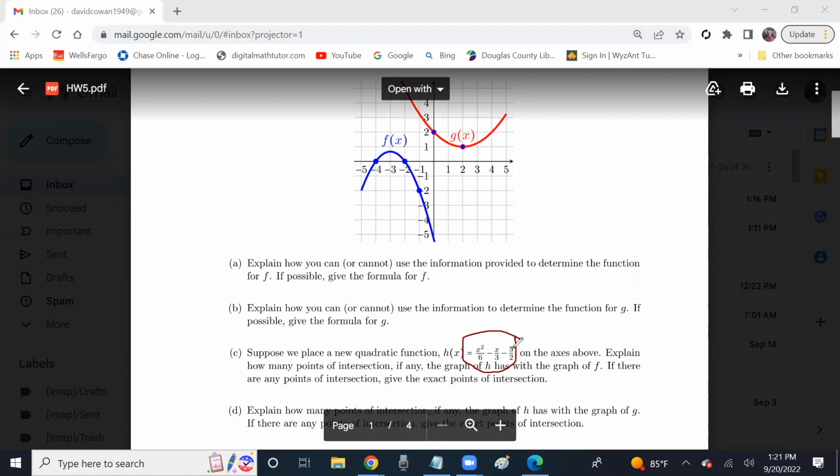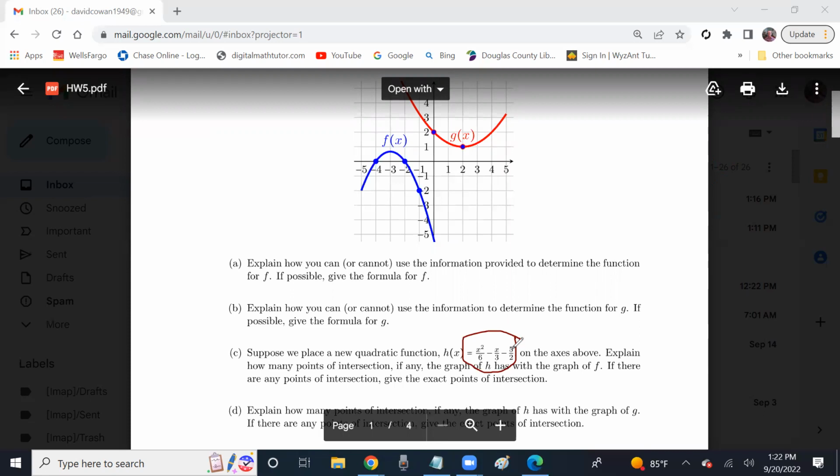What's a good way to graph that? Because that is not in vertex format. No, that is in standard format. Should we try to convert it to vertex format then? We could do that.